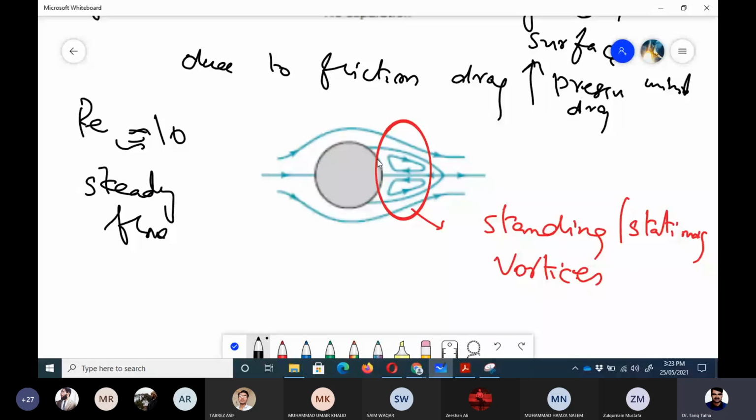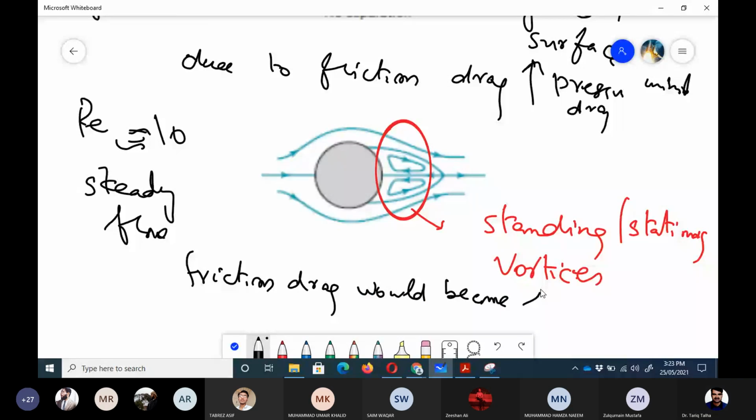And now in this case, because there is a flow separation, friction drag would become less and less as we increase the Reynolds number, and pressure drag would increase.